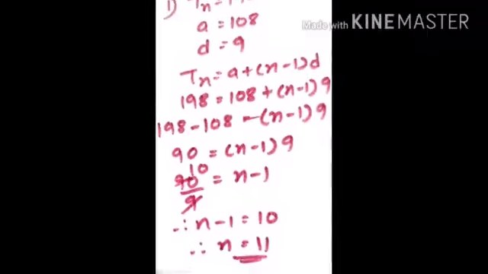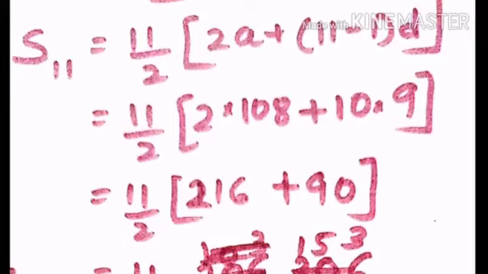For that we use the formula S11. S11 is equal to 11 by 2, that is n by 2, times (2a plus (n minus 1)d, meaning 11 minus 1) into d. So 11 by 2, 2 into the first term of the AP, 108, plus 10 into d, which is 9. 11 by 2, then in the bracket 216 plus 9 tens are 90.